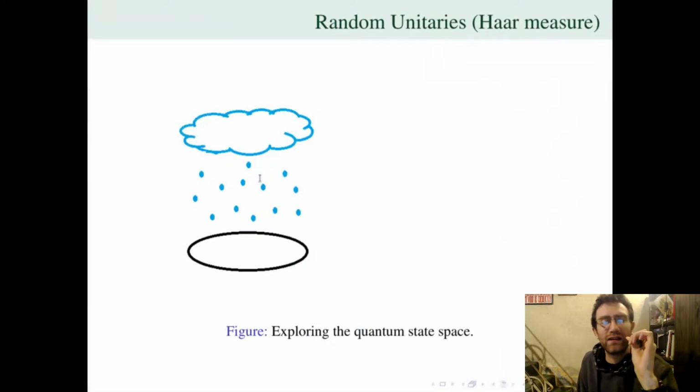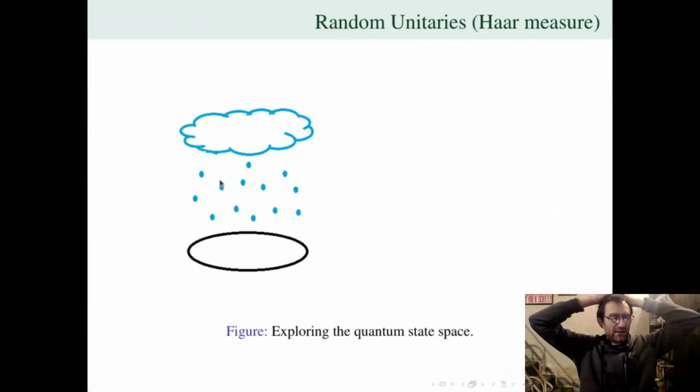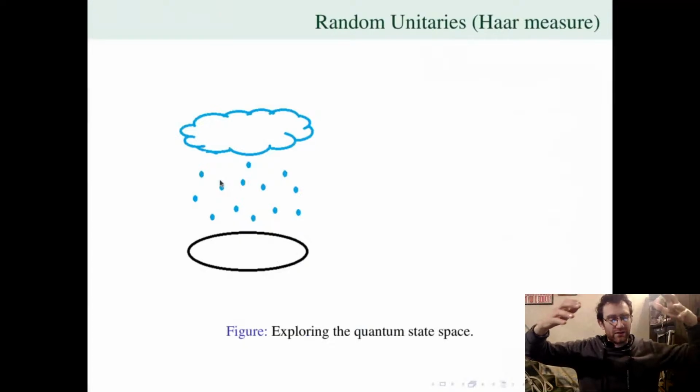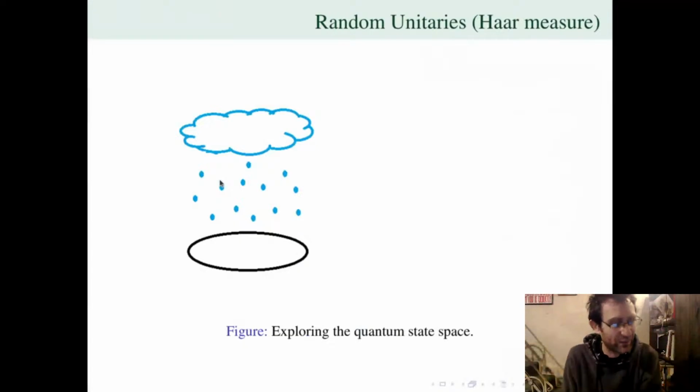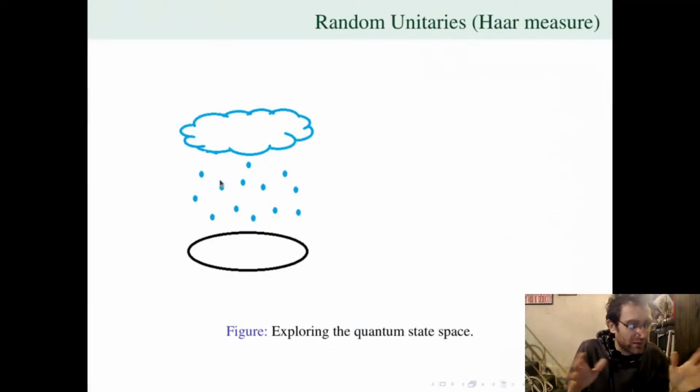So if you don't know anything about quantum random circuits, think about rain. Suppose that the quantum state space is represented by this circle here on the floor, and you have rain. The idea of rain is that it falls homogeneously. It will not rain in some specific regions more than in others, but every region will receive essentially the same amount of water or droplets, so to say.